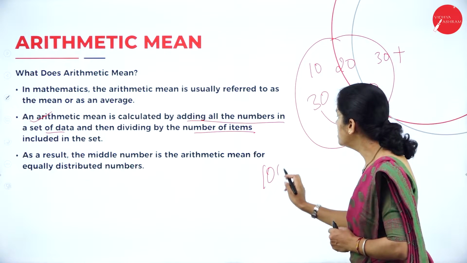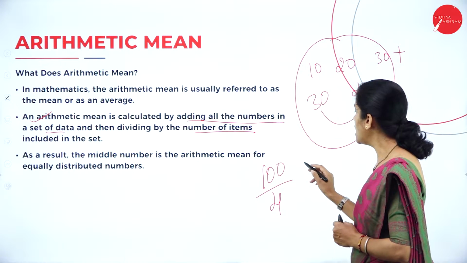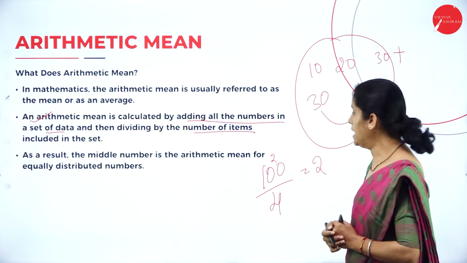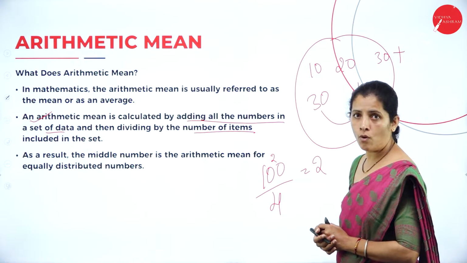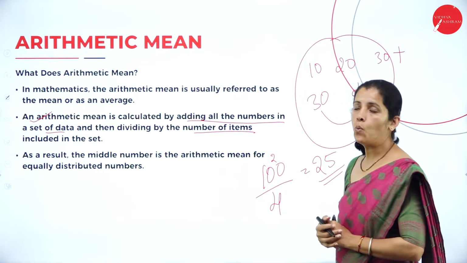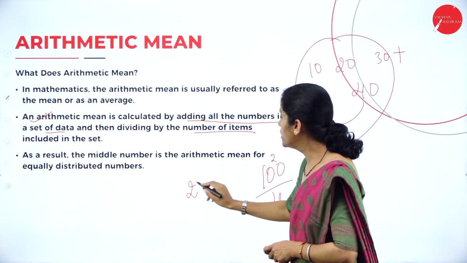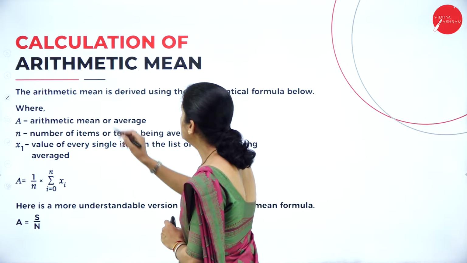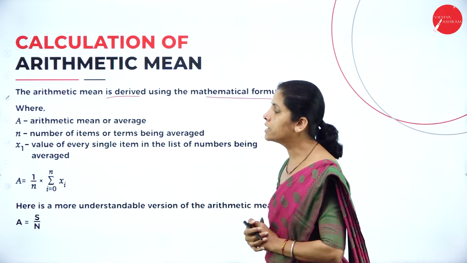So, 100 divided by 4. 4 twos are 8, 2 carry, now it is 20. 4 fives are 20. Now what is the average of this data set? It is nothing but 25.